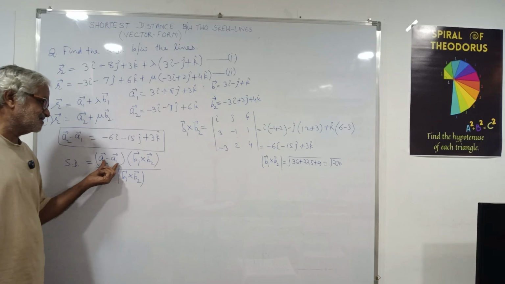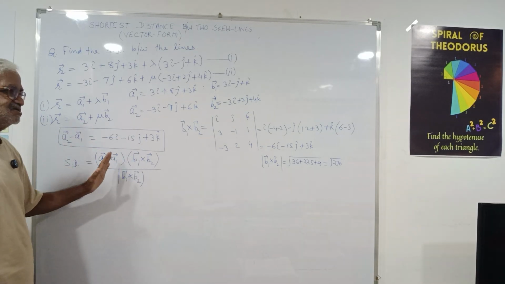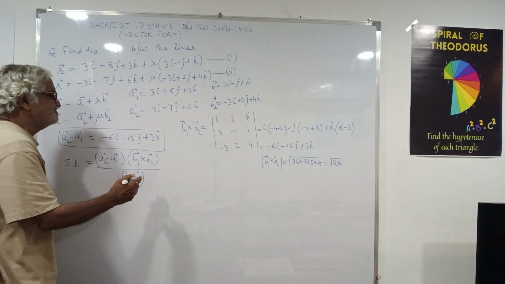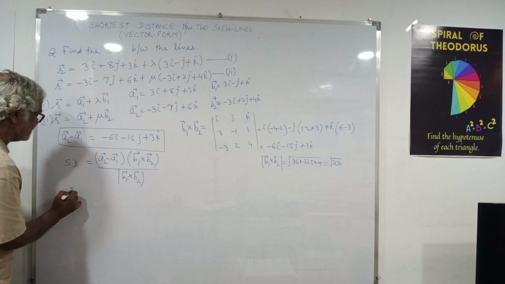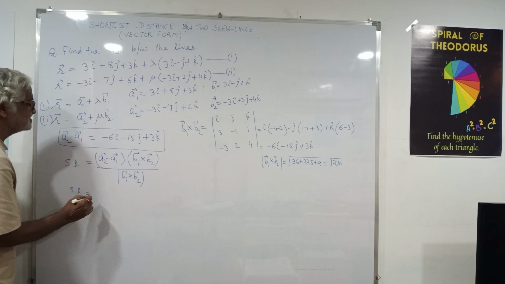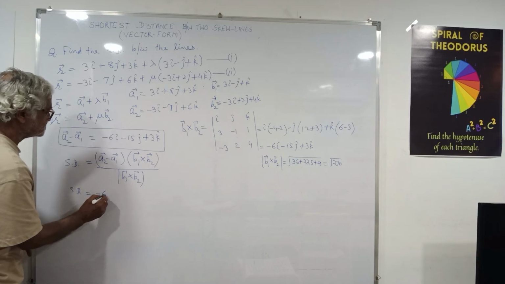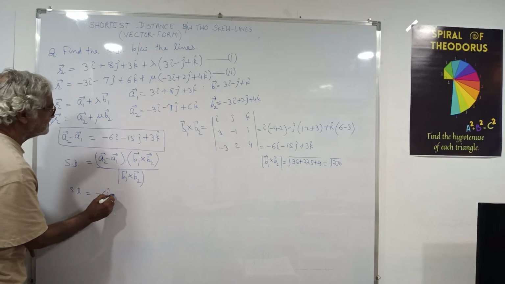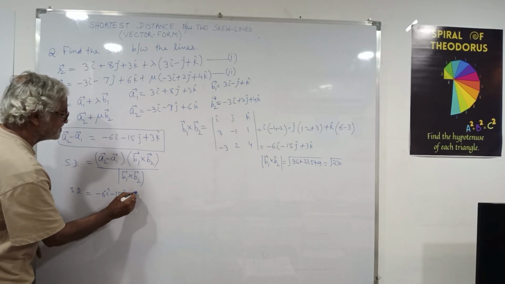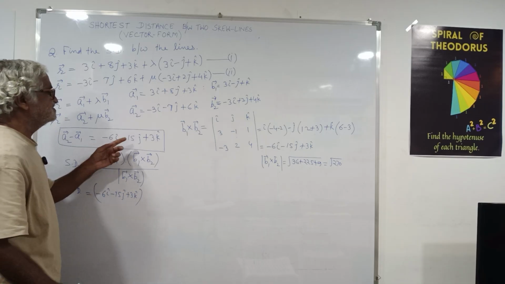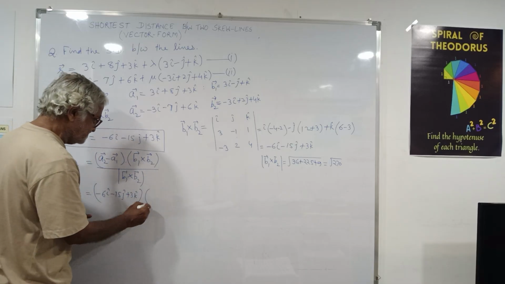Projection of this vector on this vector along this vector, so divided by the mod. Actually, this is the projection. So a2 minus a1 is minus 6I cap minus 15J cap plus 3K cap. a2 minus a1 dot b1 cross b2.